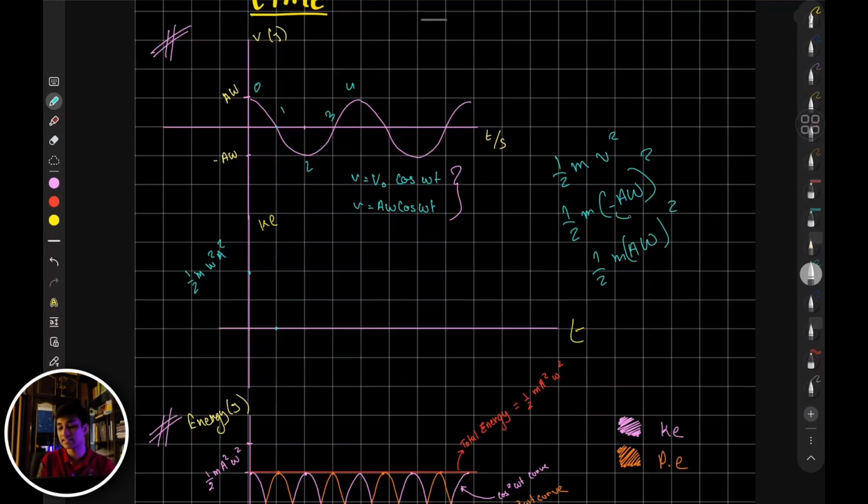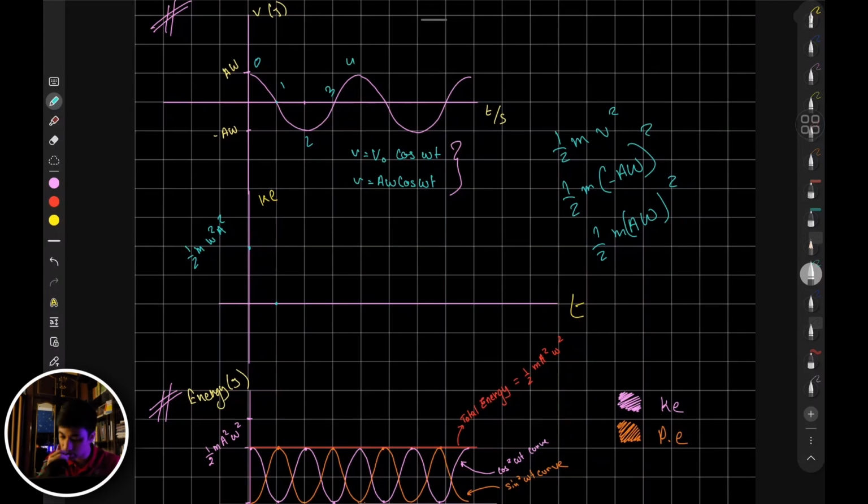Why? Because the minus is going to turn into plus since it is squared. So the value you get is exactly the same as previous. Even when the velocity is maximum in the opposite direction, the kinetic energy is going to be maximum, since there is no positive and negative when it comes to energy. Great. So the kinetic energy is maximum.